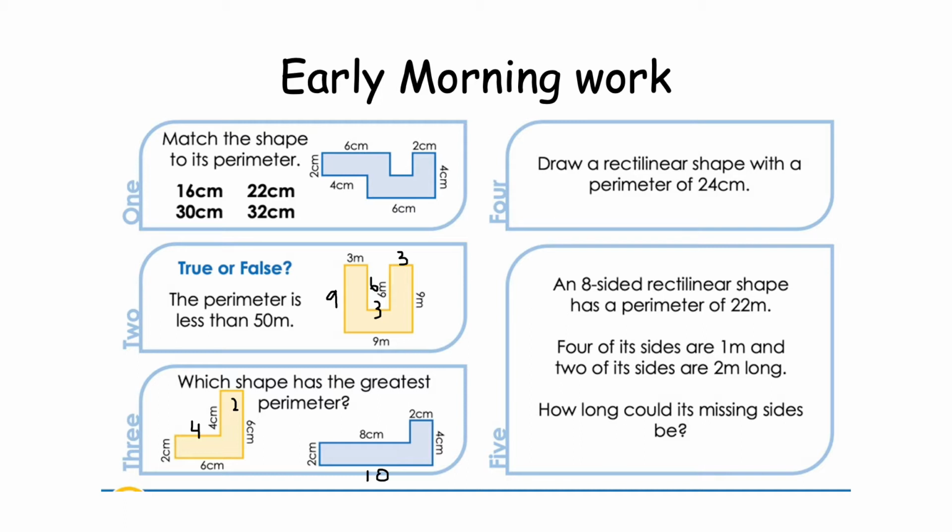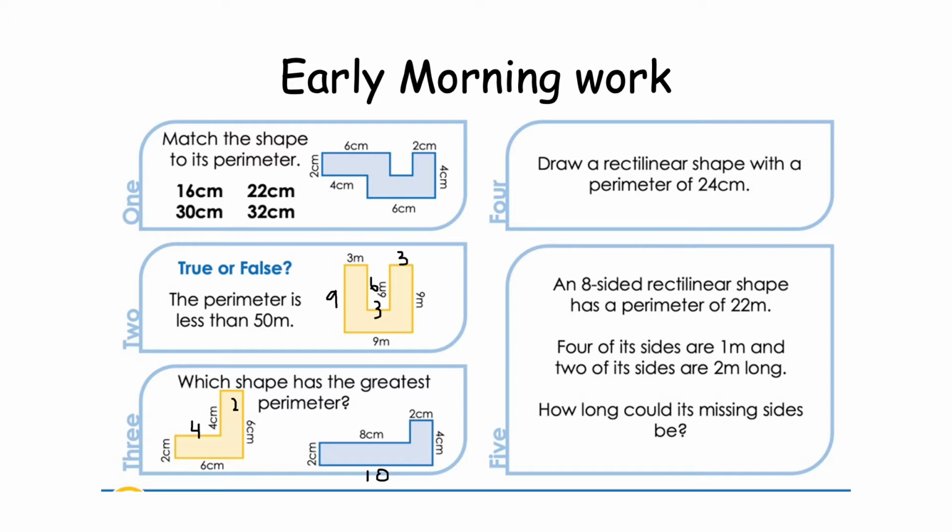Number 4, draw a rectilinear shape with a perimeter of 24 centimeters. Rectilinear means a shape that's very much like in number 1 or number 2 or number 3.